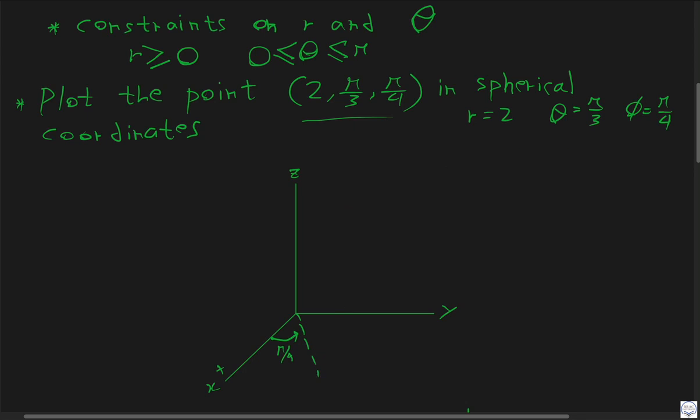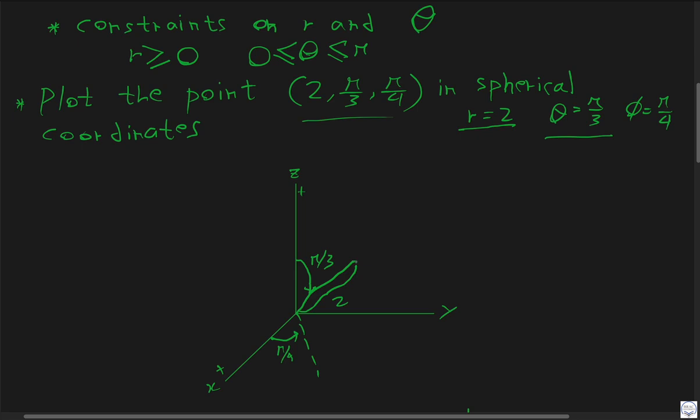Next we'll have pi over 3 as the polar angle from the positive z-axis. So if this is pi over 3, then the line which has a distance of 2 starting from the origin, it should be straight.